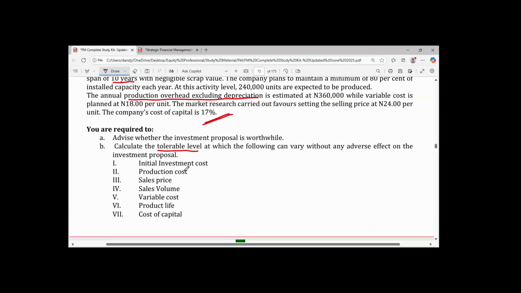So in this number B requirement, examiner has told you to calculate the tolerable level at which the following can vary without any adverse effect on the investment proposal. Remember, we said that sensitivity analysis measures the tolerable extent to which a project NPV can accommodate any change in variable.